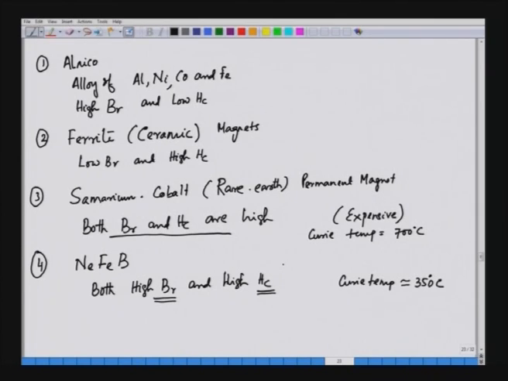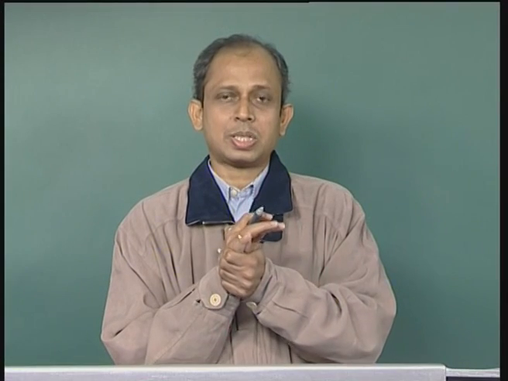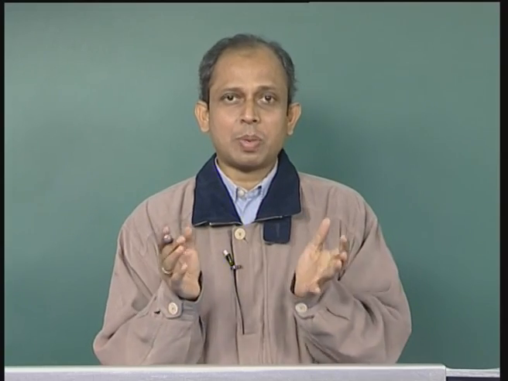For the ferrite magnets, the Curie temperature is equal to 450 degree Celsius, and for alnico the Curie temperature is equal to 890 degree Celsius.